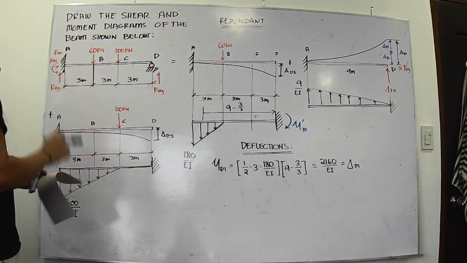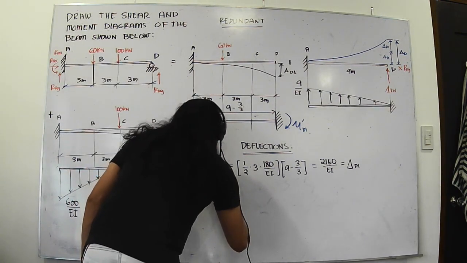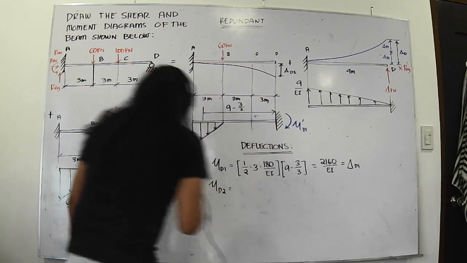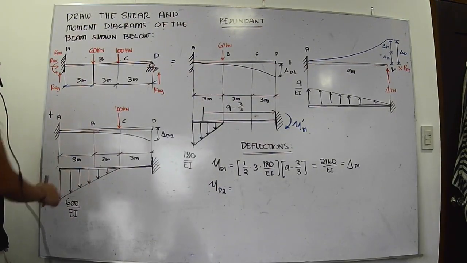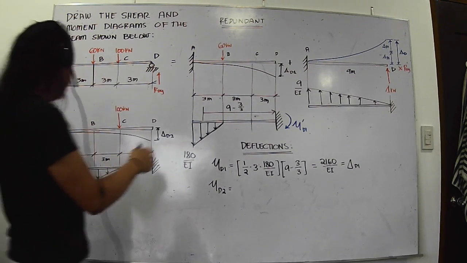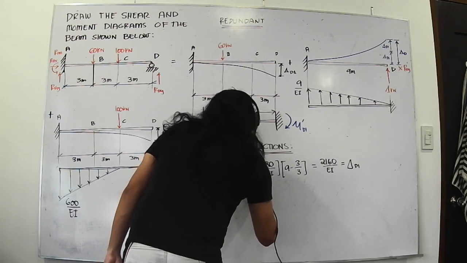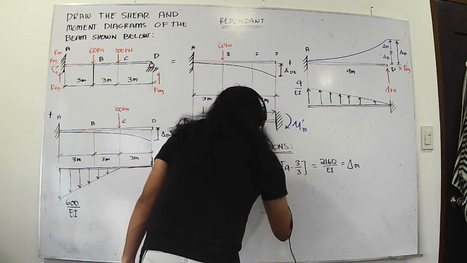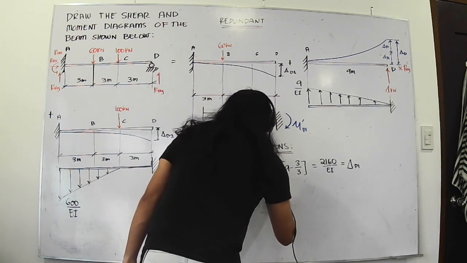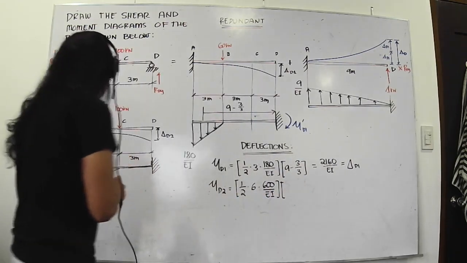Now, I'll just call this as MD2. How much is this area lower din? Kani siya. Ilang force na to na niya? That is 1/2 of base times height. Area gapon sa triangle. So, 1/2 times ang atong base dito which is equal to 6, height which is equal to 600 over EI. That is our force.